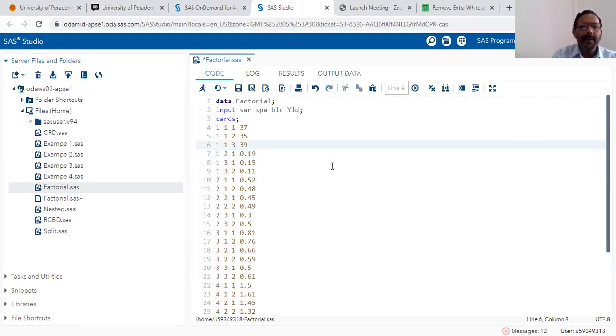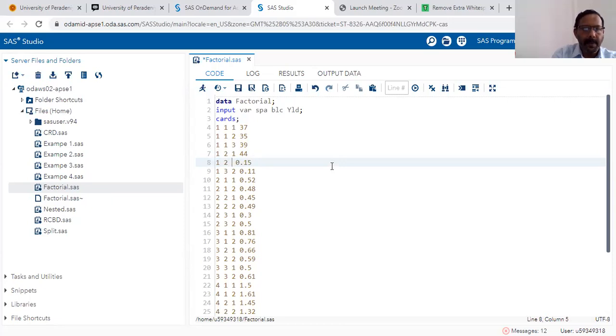You have to be careful how you code it. Hope everybody is well. So normally we give the data not in SAS. We give the data usually in Excel or any kind of data format.